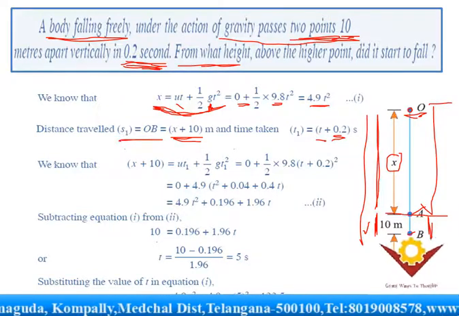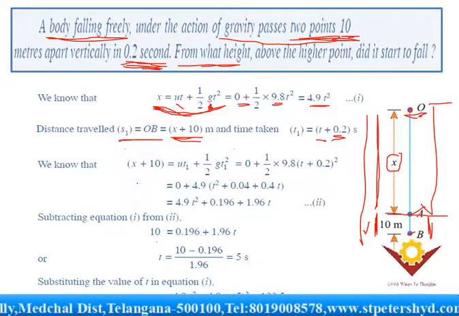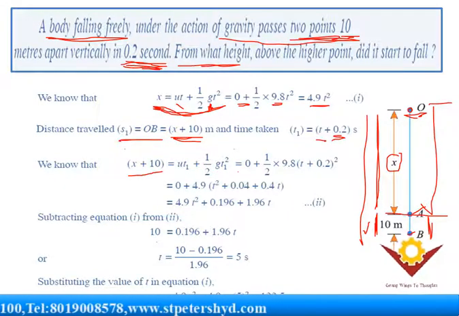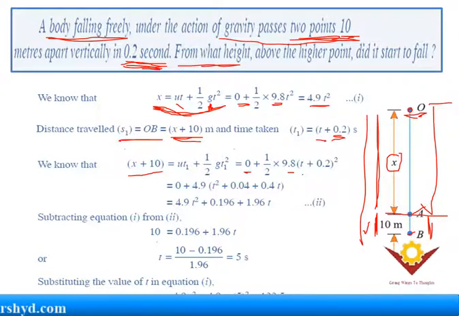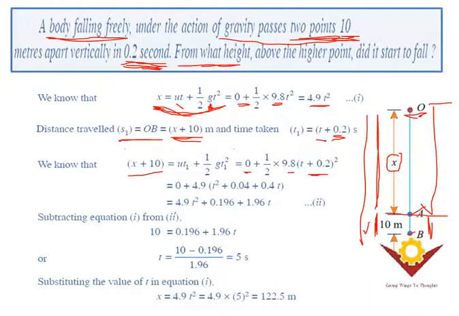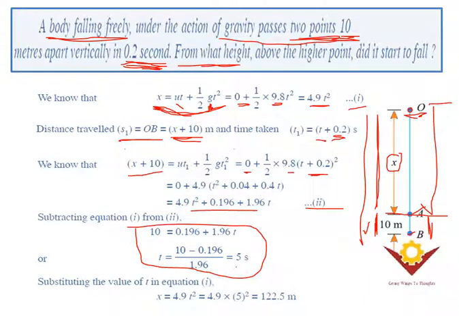By the displacement equation of motion, x plus 10 equals ut plus half gt square, where the initial velocity is 0, and this is the time to reach point B. If you simplify this, you get equation 2, and the earlier one is equation 1. Simplifying these two equations, you get time t equals 5 seconds.